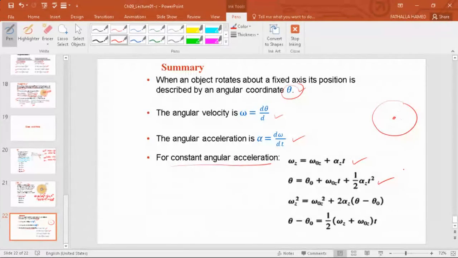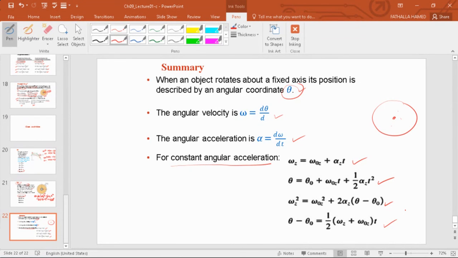Theta is equal to theta 0 plus omega 0z t plus 1/2 alpha z t squared. Or omega z squared equals omega 0z squared plus 2 alpha z times theta minus theta 0. And theta minus theta 0 is equal to 1/2 times omega 0z plus omega z, times t.